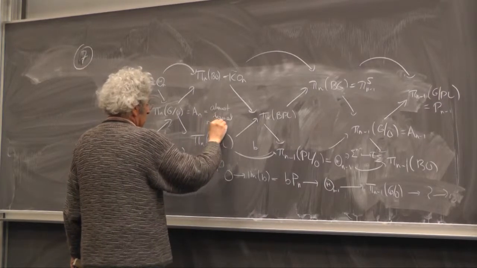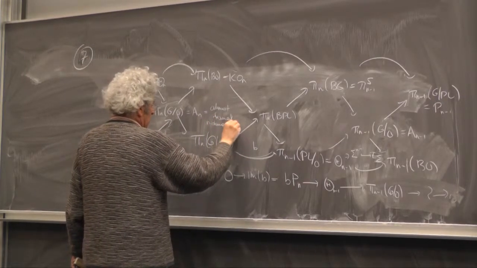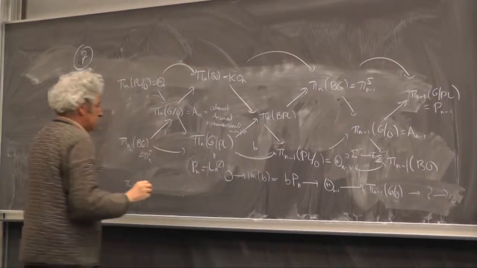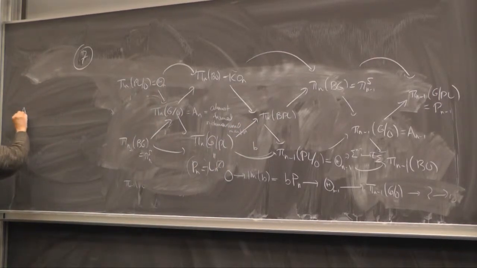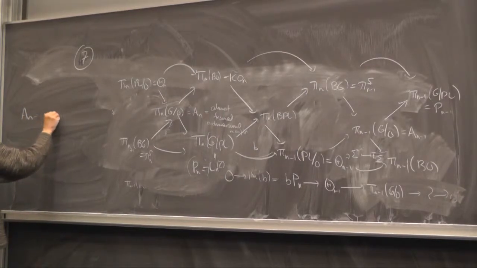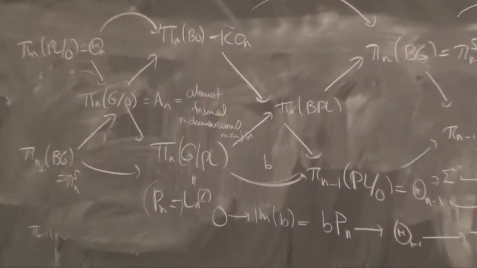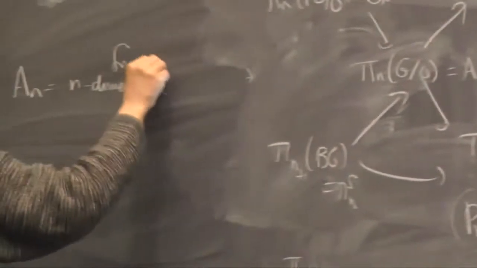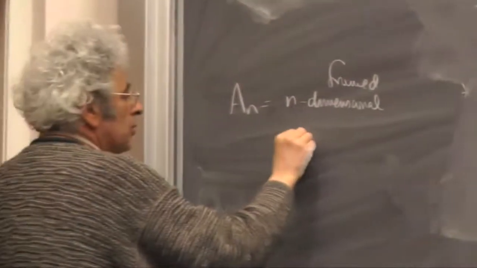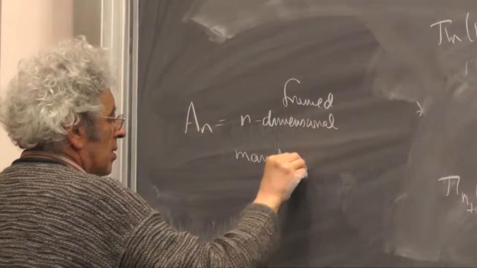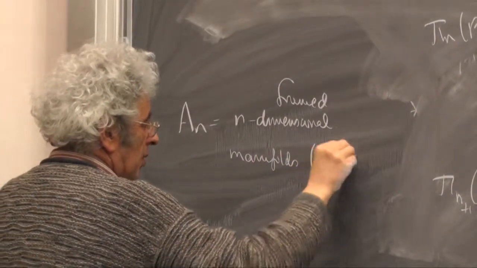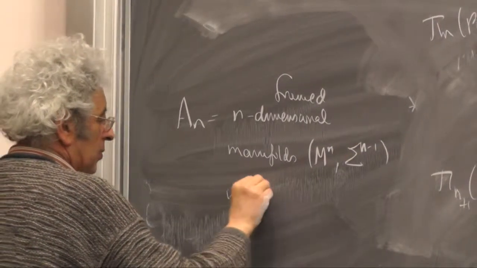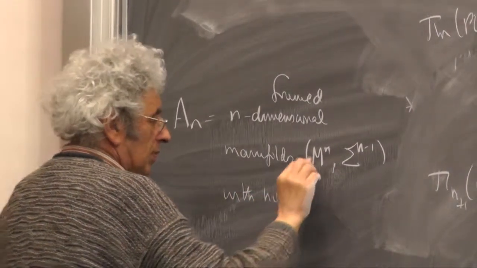Basically, what AN is, n-dimensional framed manifolds with boundary, with homotopy sphere boundary. I should call them W.